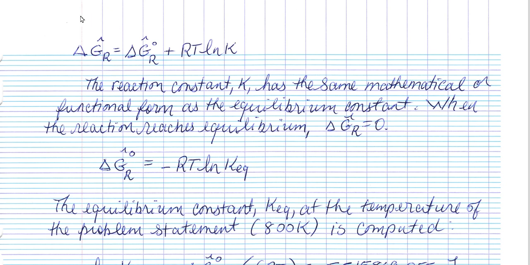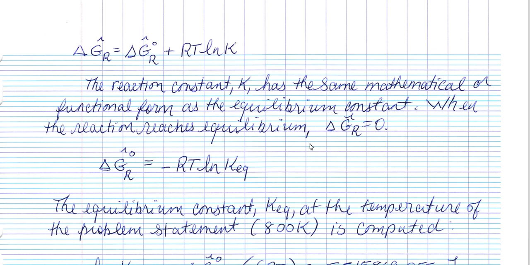In general, the Gibbs free energy change of the reaction at any temperature and pressure is equal to the standard Gibbs free energy change of that reaction plus RT ln of K. The reaction constant K has the same mathematical form or functional form as the equilibrium constant.